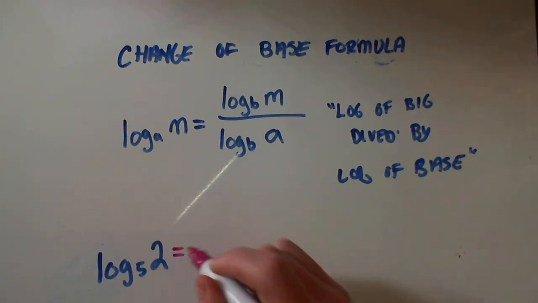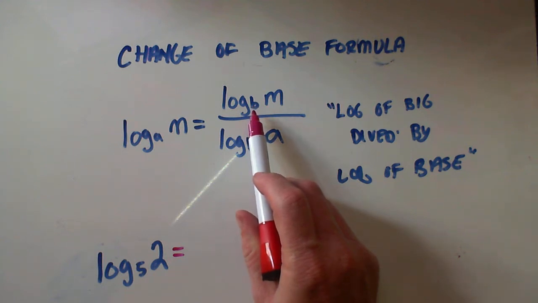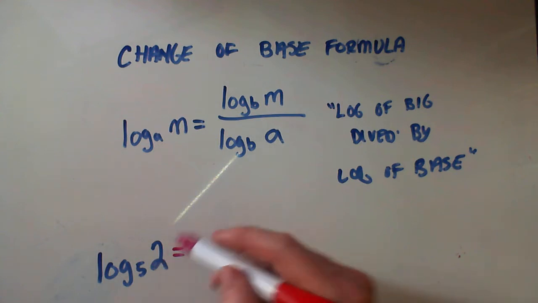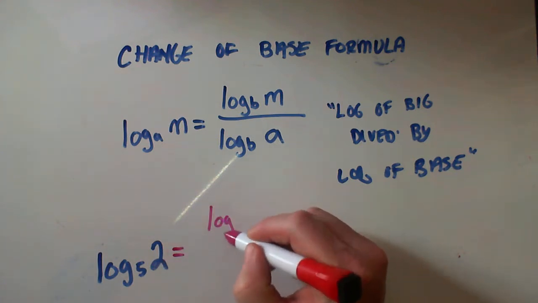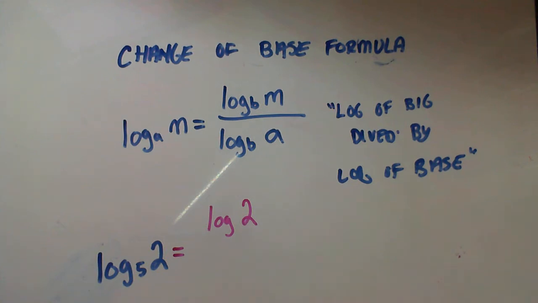And we can do that by looking here and saying, all right, we're going to change this b into base 10. So this would be log of the big number, which is technically called the argument, divided by the log of the small, log of the base.